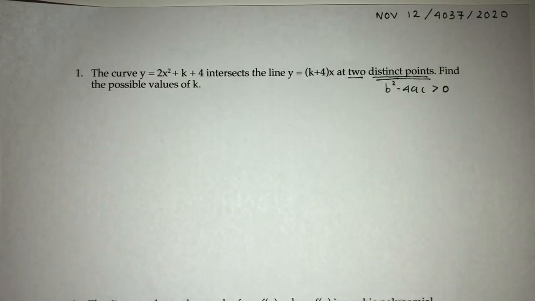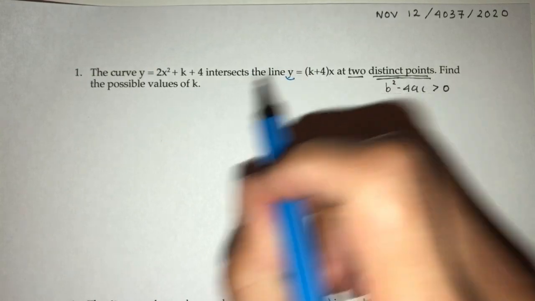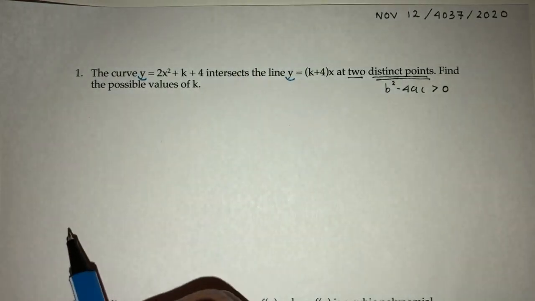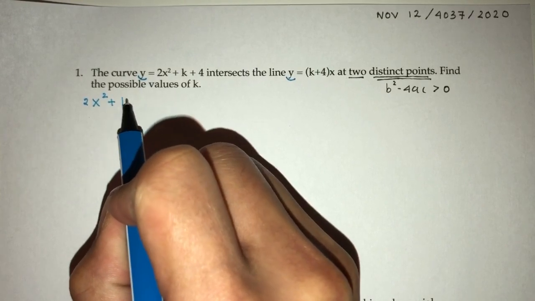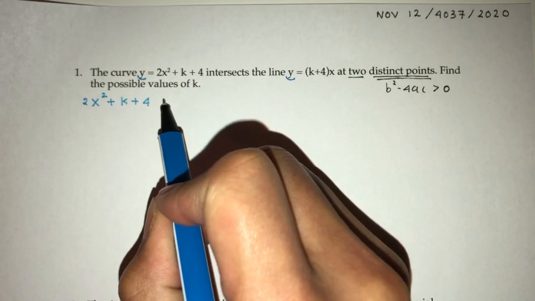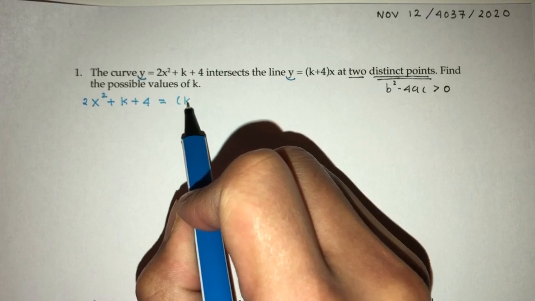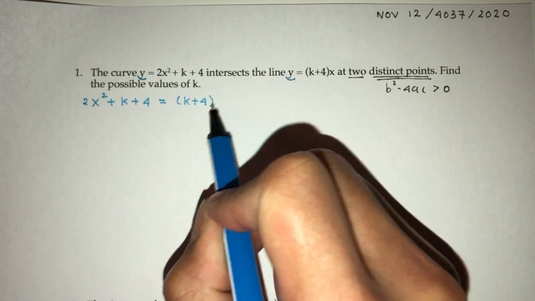So one by one. Here we have y, here we have y, so we solve simultaneously. You have 2x squared plus k plus 4 equal to k plus 4x.